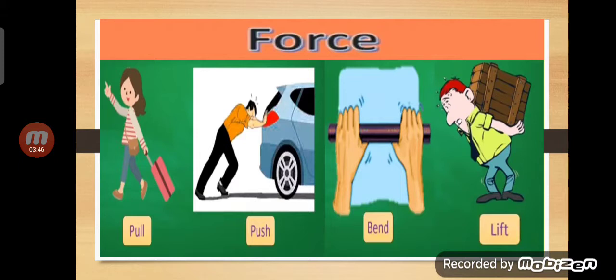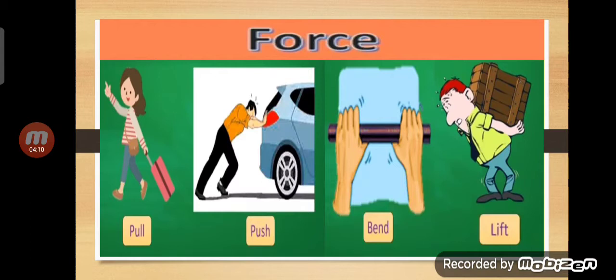In the first picture, we can see that the girl is pulling her trolley bag. In the second picture, we can see that the man is trying to push his car. In the third picture, the man is trying to bend the pipe.